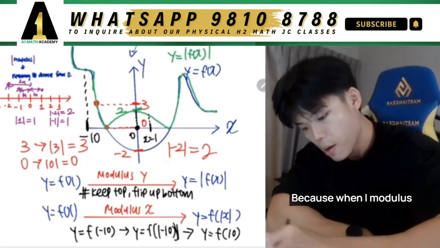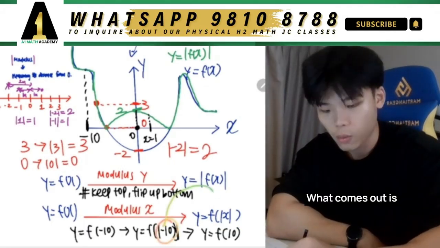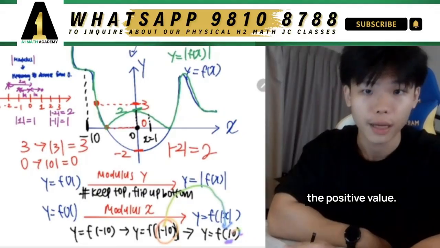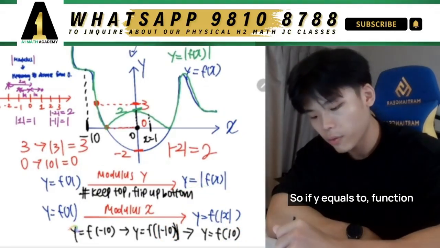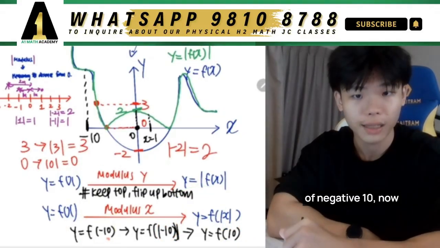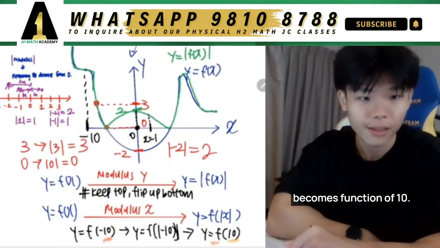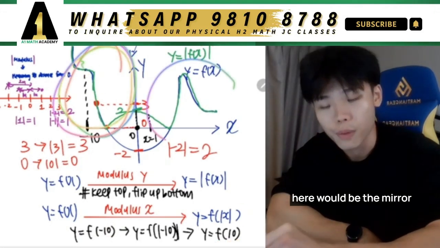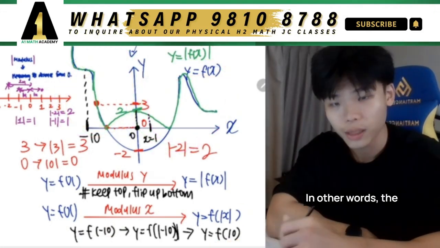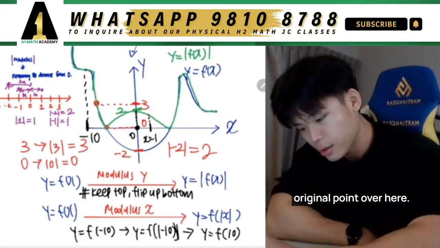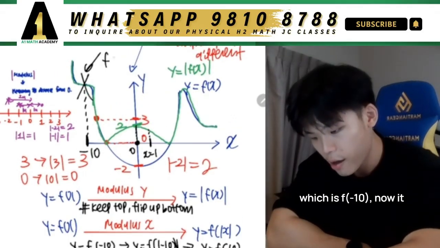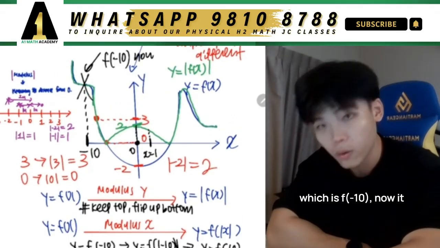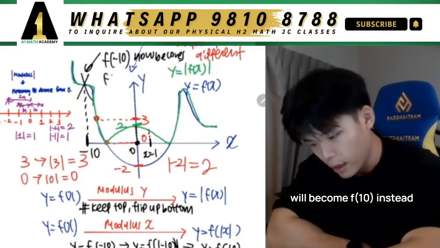Because when I modulus the negative value, what comes out is the positive value. So if y equals function of -10 now becomes function of 10, that means whatever appears over here would be the mirror reflection. In other words, the original point at f(-10) will now become f(10) instead.